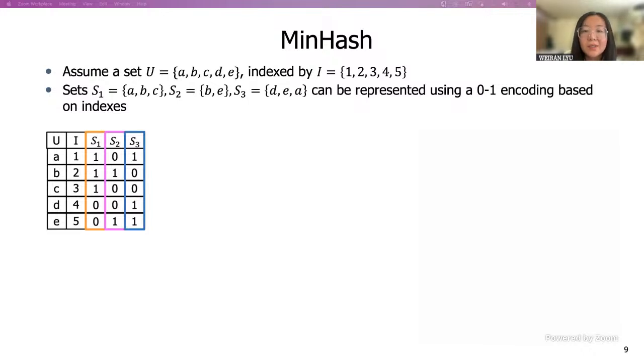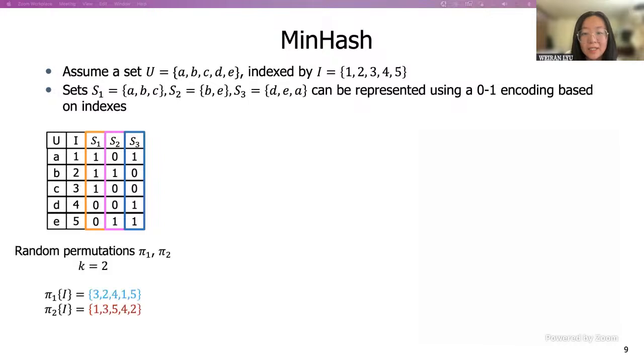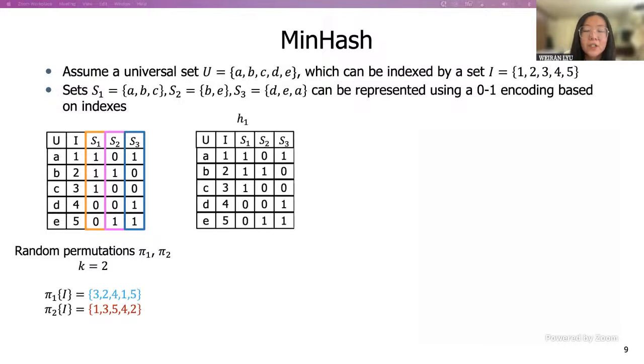Then we generate k random permutations based on the element indexes. Set k equals 2, these permutations provide us 2 hash functions. For the first hash function, what min hash does is store the index of the first occurrence of 1 in that particular permutation for each of the sets. Then we store the indexes of each set based on the first permutation, and so we have 3, 2, 4 as a hash vector based on the first hash function.